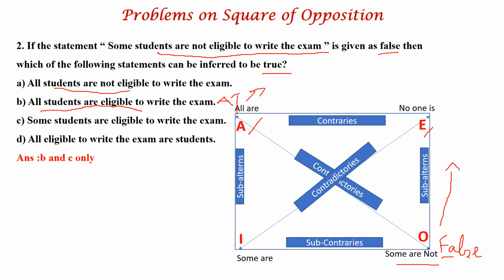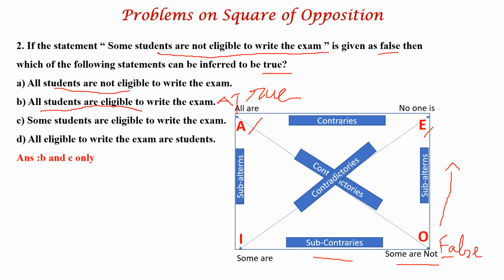B is true. And see the next statement. And then O with I. We know the relationship between O and I is sub-contrary. What is sub-contrary? They cannot be false together. Contraries, they cannot be true together. But sub-contraries, they cannot be false together.